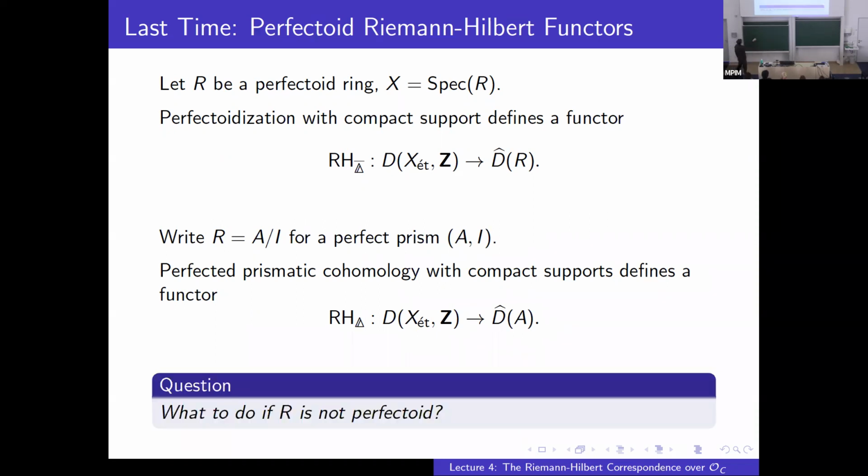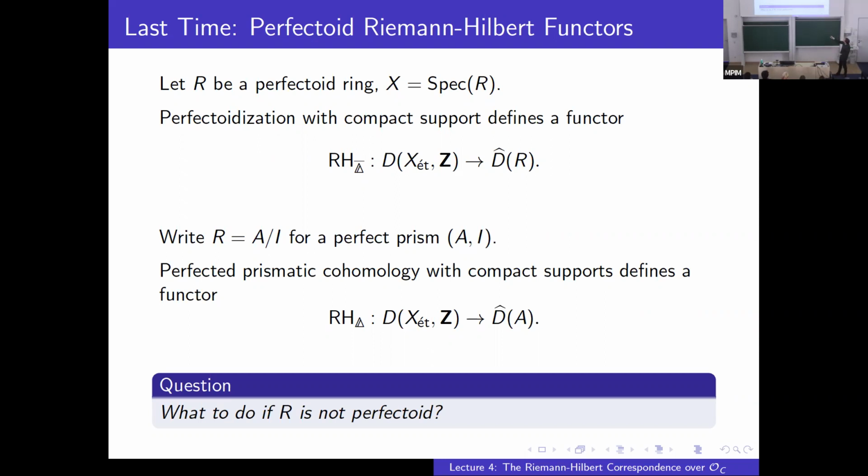And so the basic question that I want to ask in this lecture is, what should you do if R is not a perfectoid ring? After all, a scheme of the form Spec R where R is perfectoid is not within the domain of things that people would have thought about 10 years ago. Perfectoid rings are essentially never Noetherian.